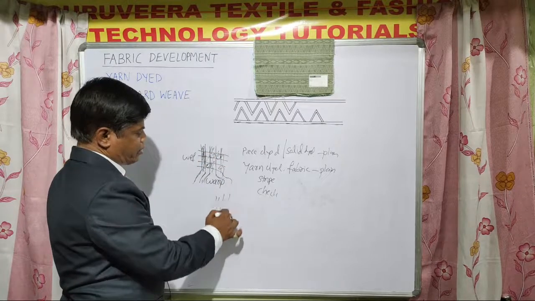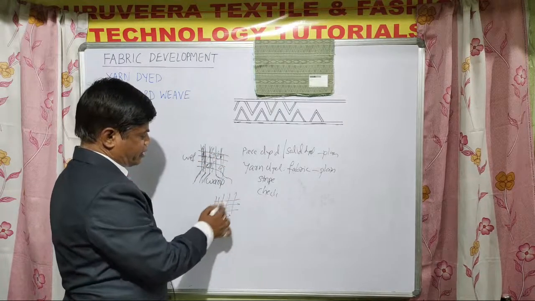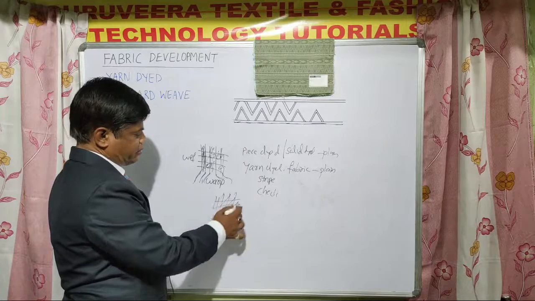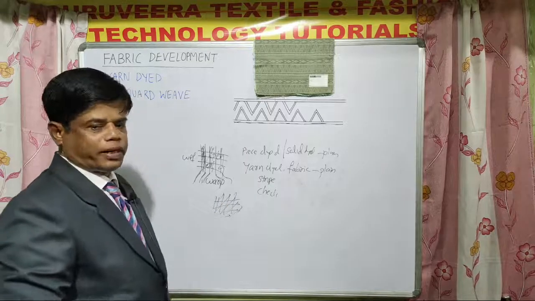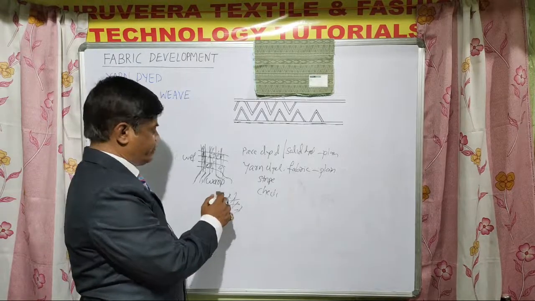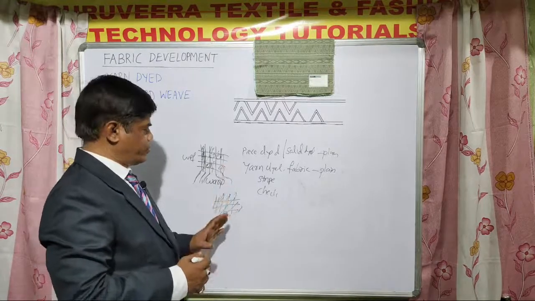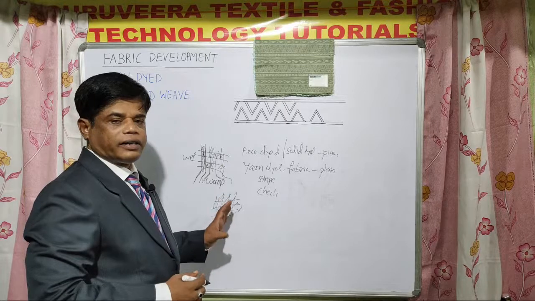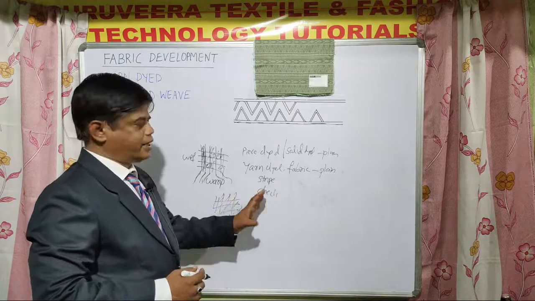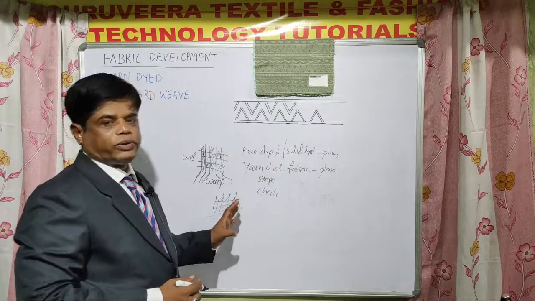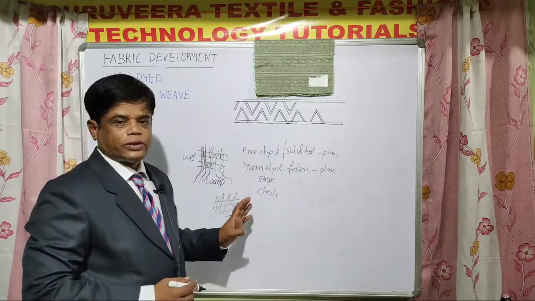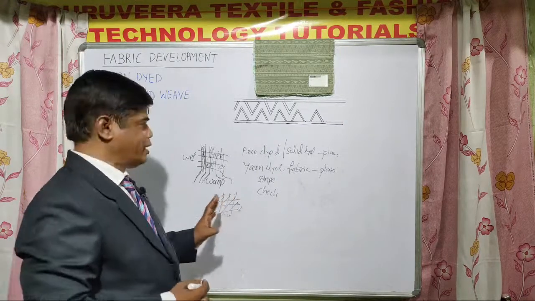This is another design pattern, twill patterns. If we apply twill in the yarn dyed case, it is called yarn dyed twill. In that also checks fabrics and stripes fabrics can be done.